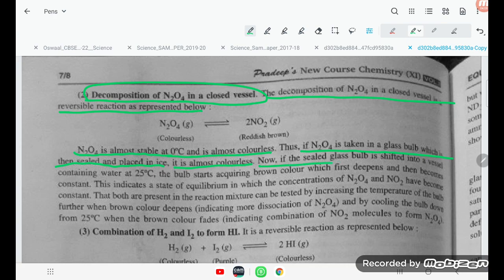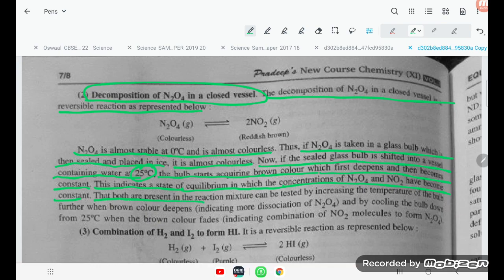Now, if the sealed glass bulb is shifted into a vessel containing water at 25 degrees Celsius, the bulb starts acquiring a brown color, which first deepens and then becomes constant. This indicates a state of equilibrium in which the concentrations of N2O4 and NO2 have become constant.